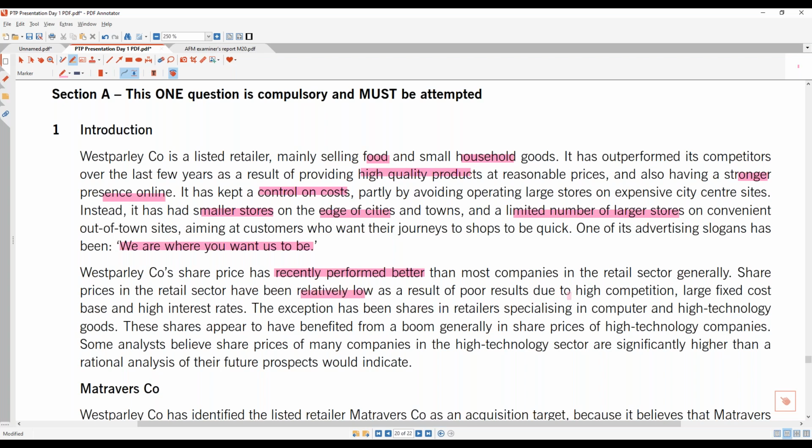Means overall industry is going low as a result of poor result due to high competition, large fixed costs, and high interest rates. The exception has been shares in retailer specializing in computer and high tech goods. That's important.